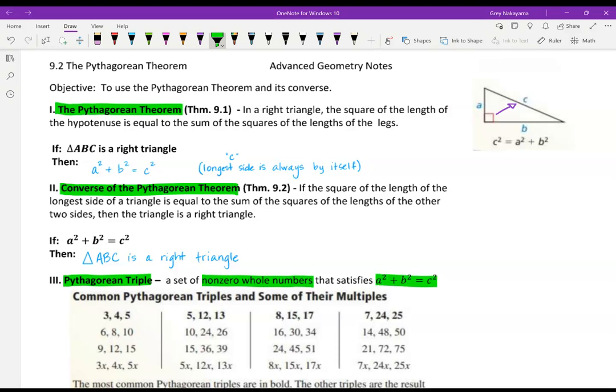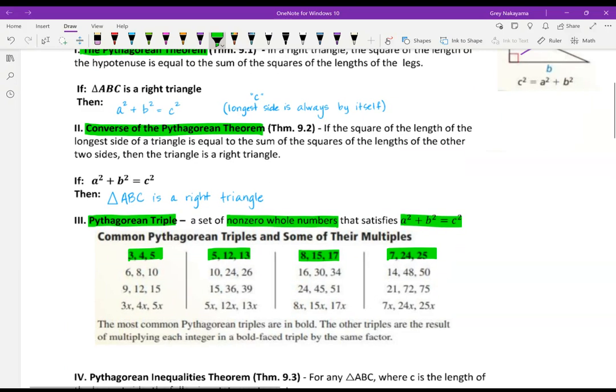So here are some examples of common ones: 3, 4, 5; 5, 12, 13; 8, 15, 17; 7, 24, and 25; and any multiples there of. If you look at this first one, 3 times 2, 4 times 2, 5 times 2. So 6, 8, 10 is another common one. If you know these, it makes calculations a lot easier for you, okay?